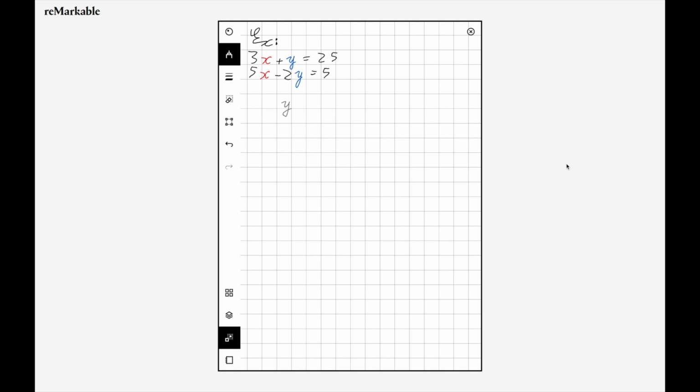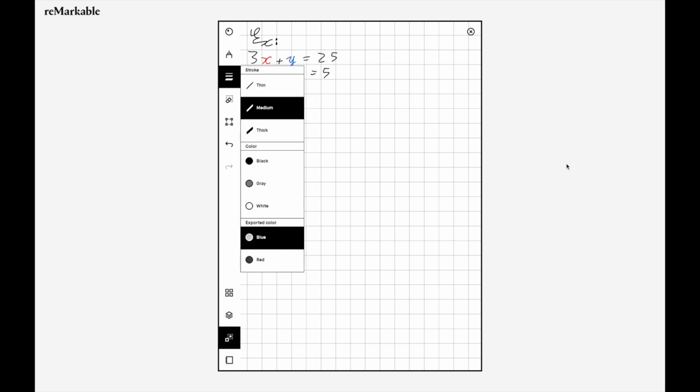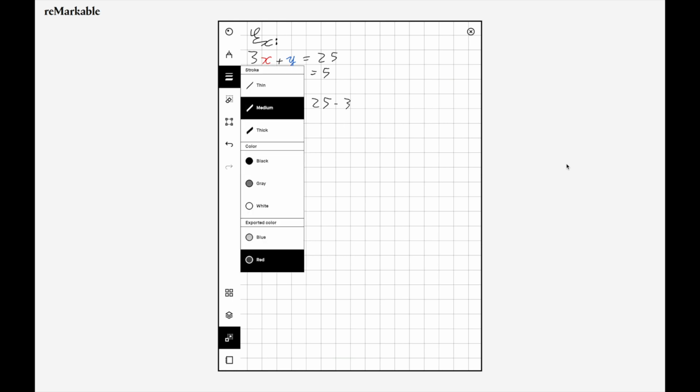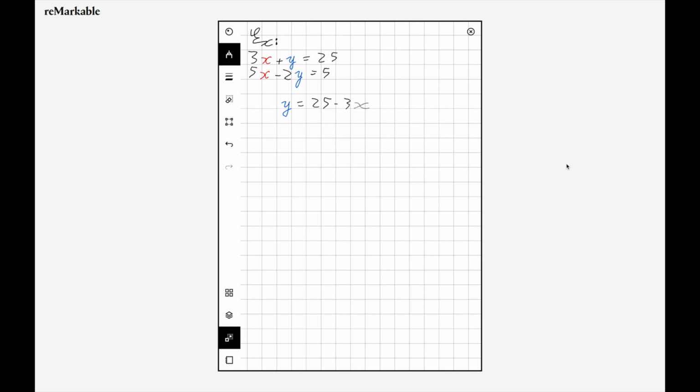Well, for y to be on one side, we need to subtract 3x on both sides. Make sense? Good. Now we have our expression of y in terms of x.